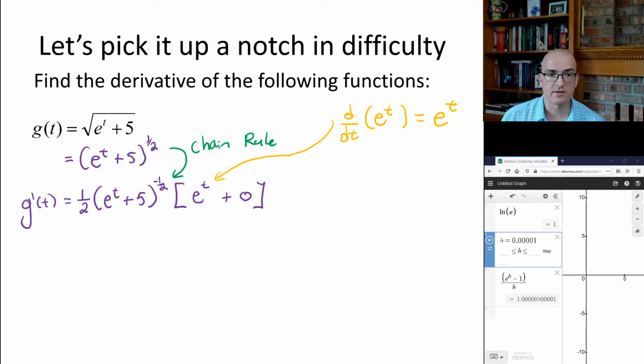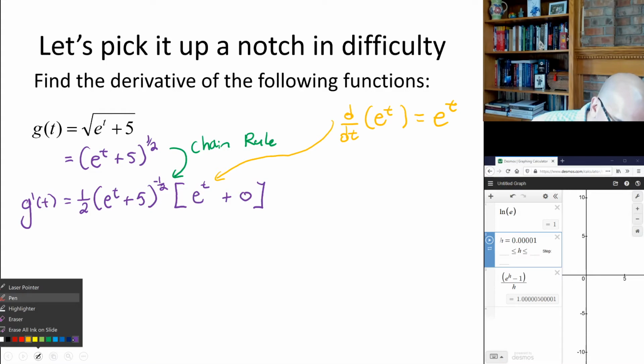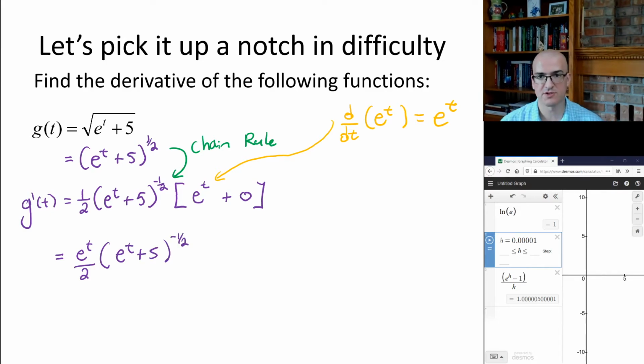That's a good answer. Perfectly fine. That can be left. I'm going to keep going. This is e to the t over 2 times e to the t plus 5 to the negative 1/2. I could bring that e to the t out front. I can just change order of multiplication. That's perfectly fine. You're allowed to do that. Next thing I'm going to do is that power negative 1/2. Well, power 1/2 is a square root.